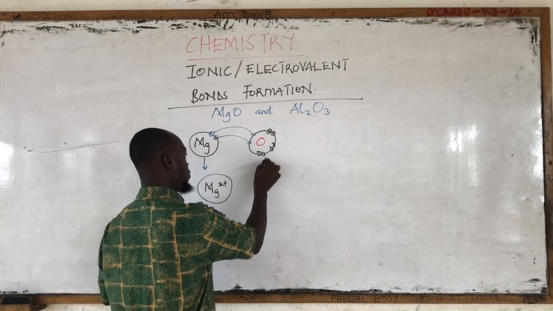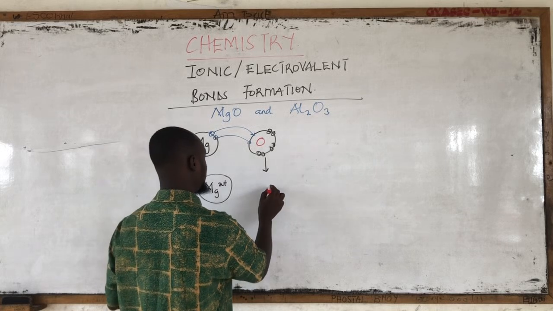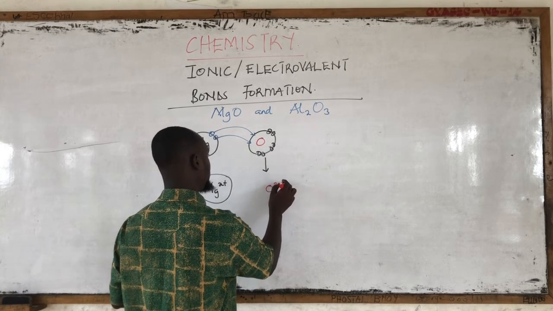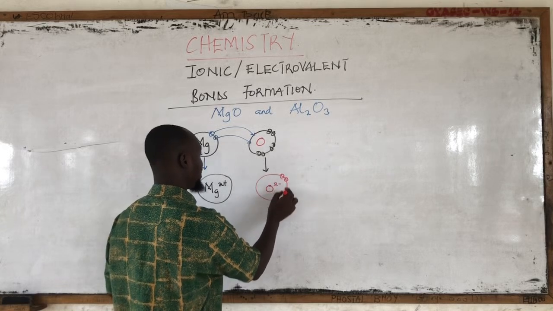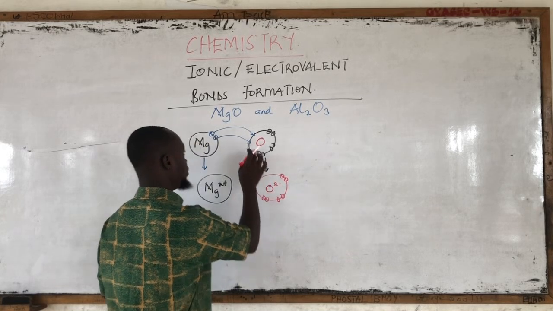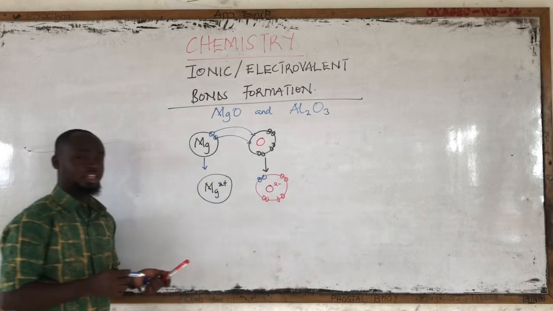And then O, once it gains the 2 electrons, it will also change from the O neutral atom to the O2-, meaning that there's an addition of these electrons over there. Is that okay?